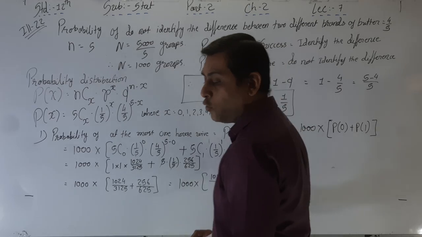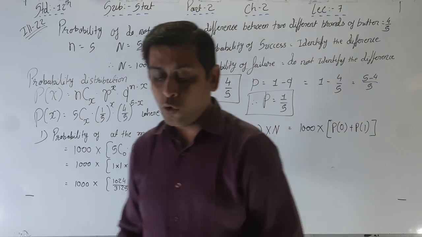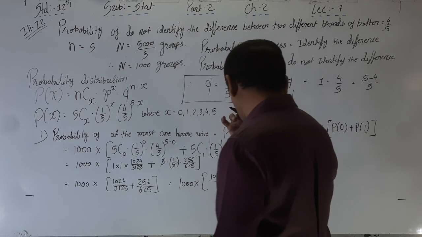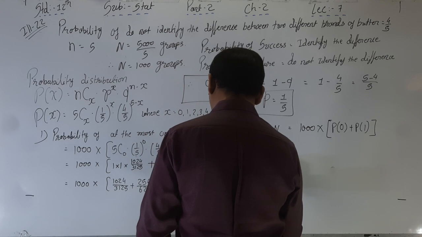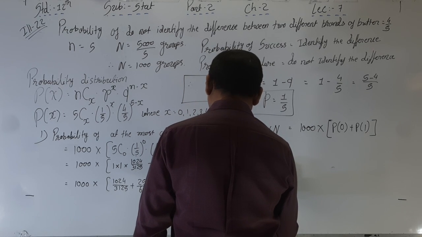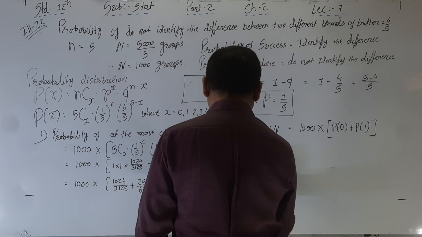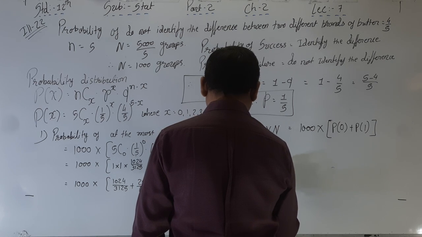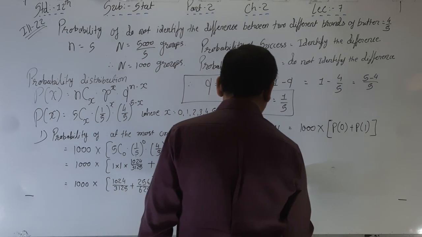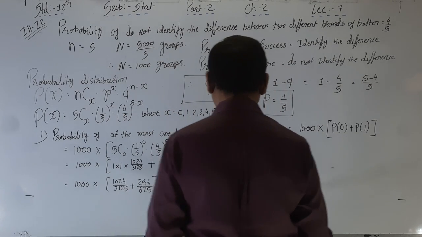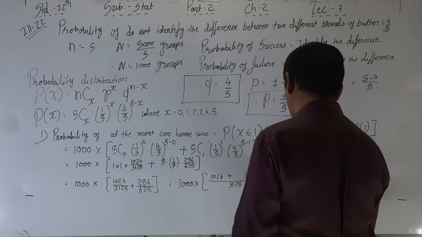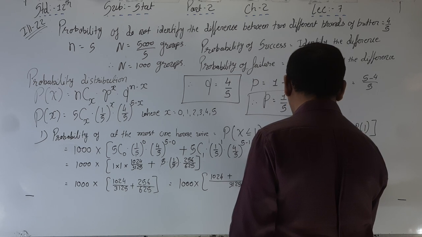So 256 into 5, divided by 3125, is equal to 1000 into 2304 divided by 3125.